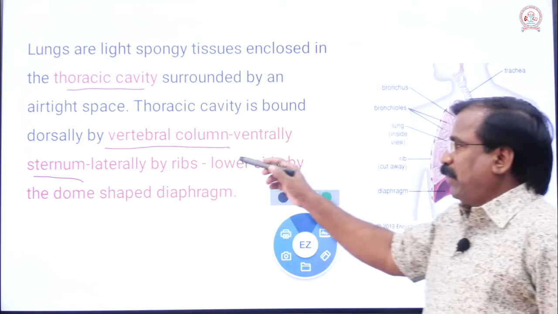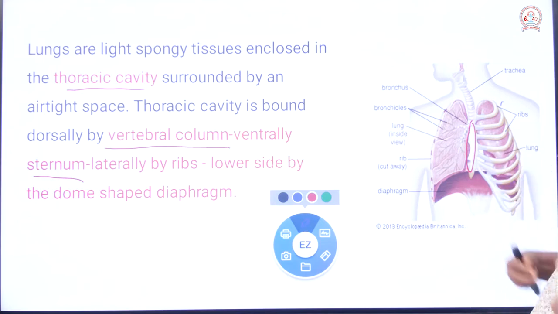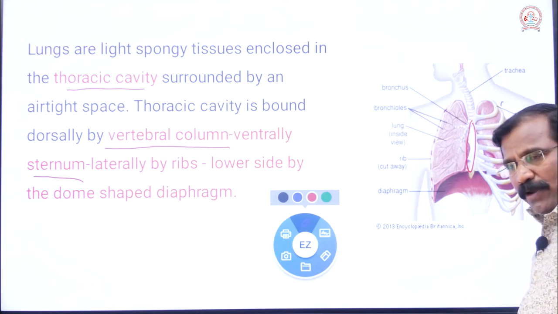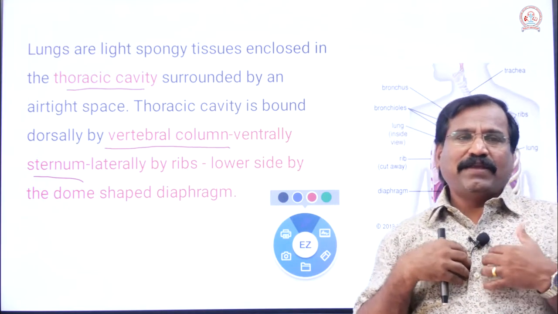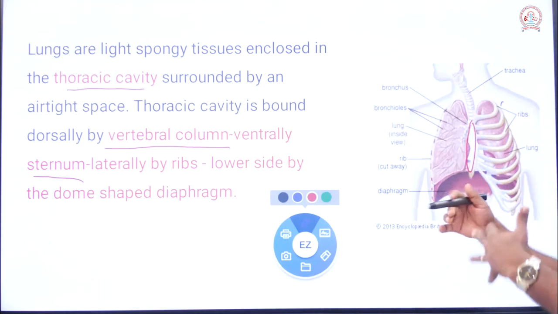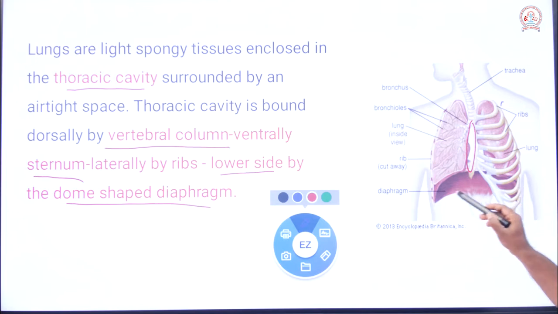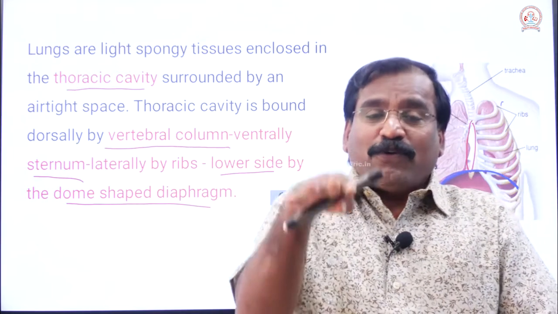Laterally are the ribs. So here at the back, the dorsal side, is the vertebral column, on the sides the ribs, on the ventral side the sternum, and on the lower side a dome shaped membrane, the diaphragm, which is curved.